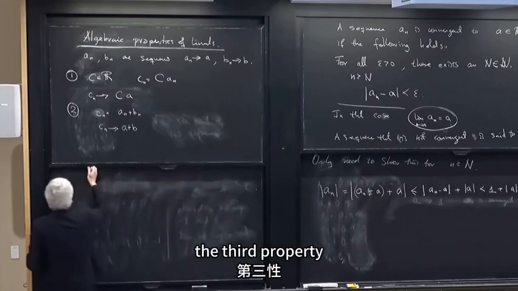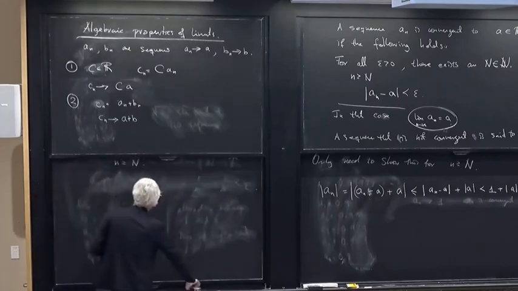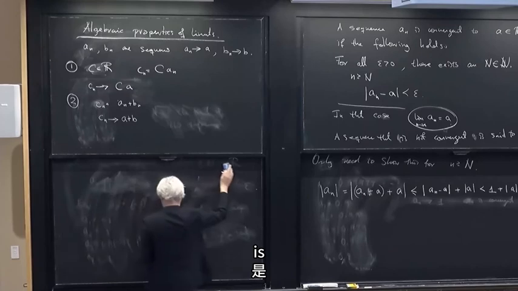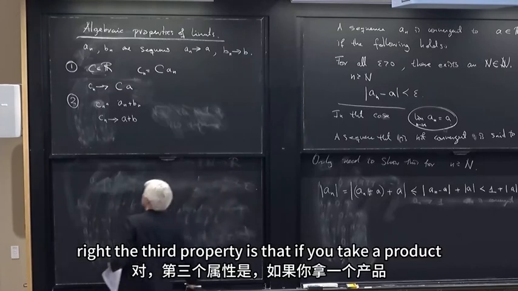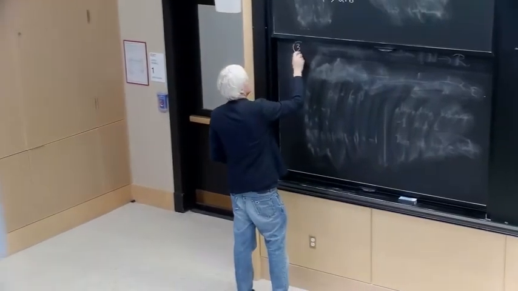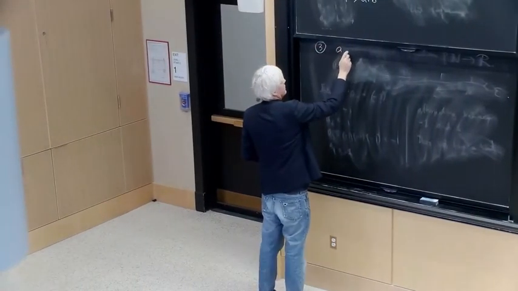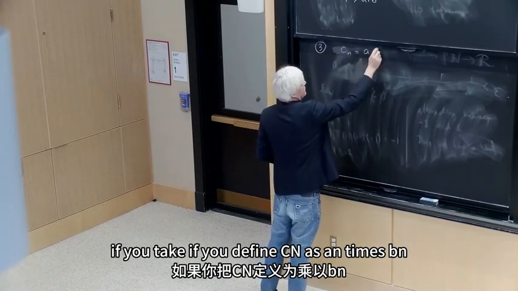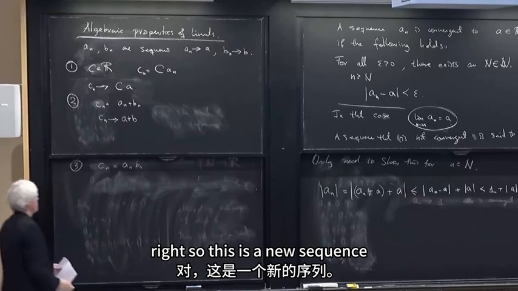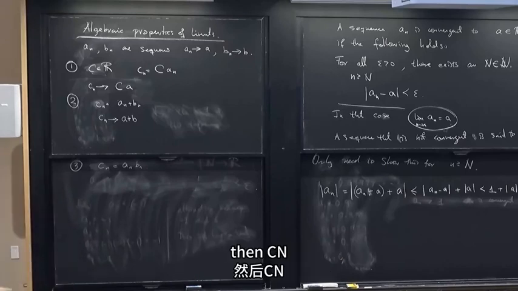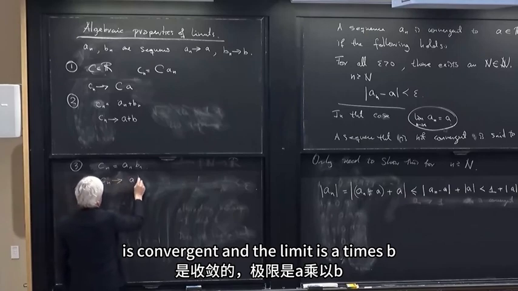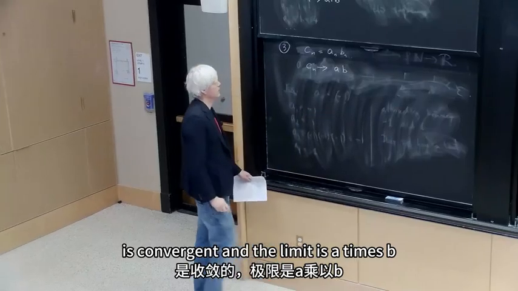The third property is that if you take a product, if you define c_n as a_n times b_n, so this is a new sequence, then c_n is convergent, and the limit is A times B.